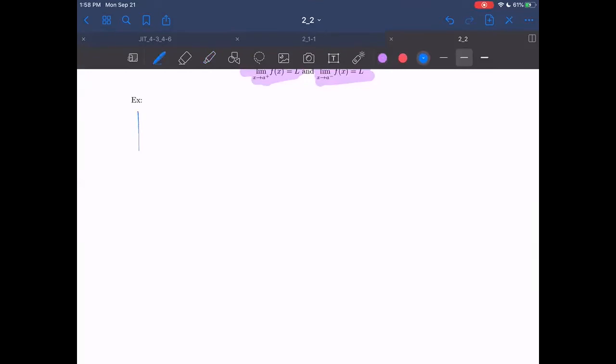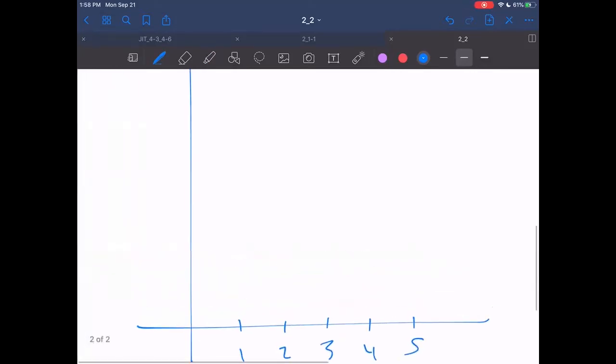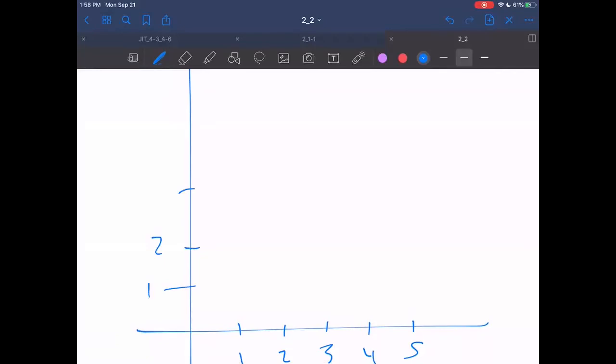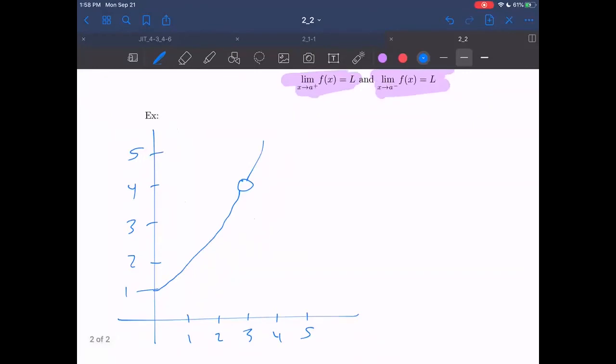Okay, so let's say I've got a graph here. Okay, there's my function. So I want to look at the right-sided limit and the left-sided limit.